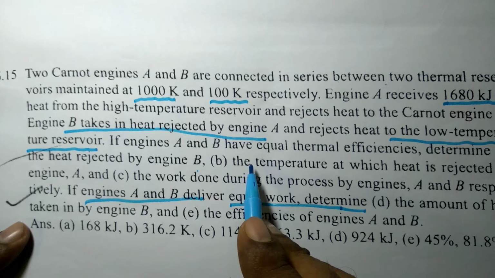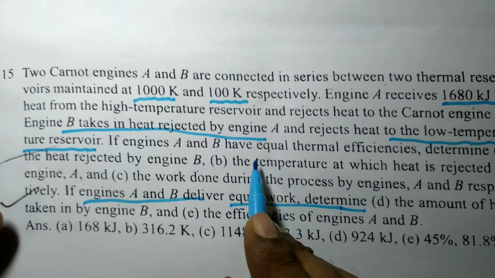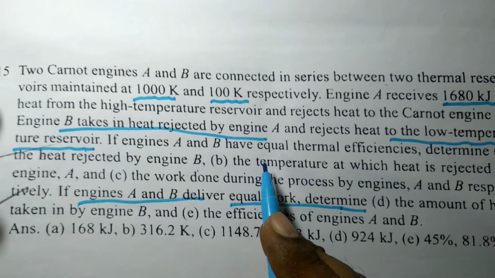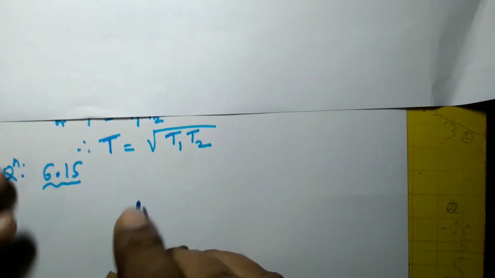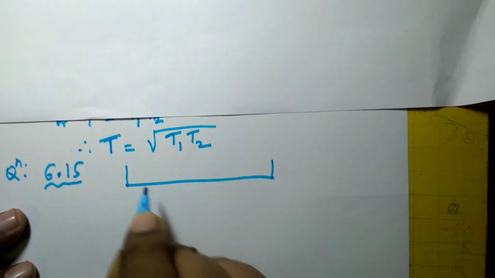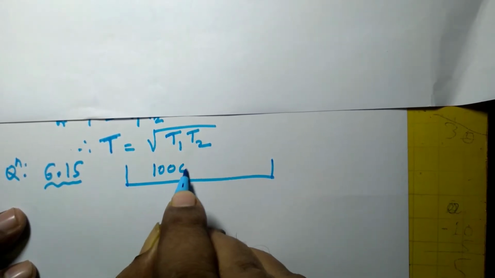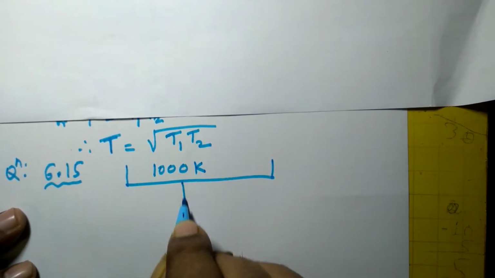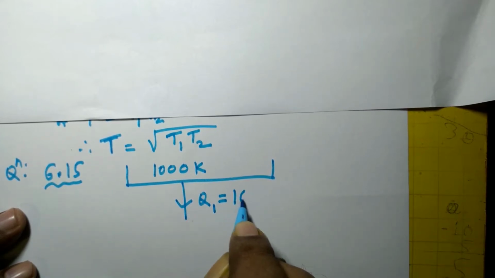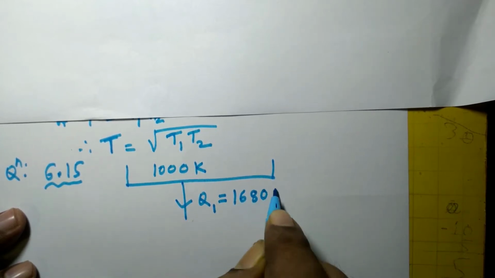So for the first bit, we have to consider that the efficiencies of the two Carnot heat engines operating in series are same. So suppose these two engines are A and B, the highest temperature is 1000 Kelvin, and this heat, suppose Q1, is 1680 kilojoule.